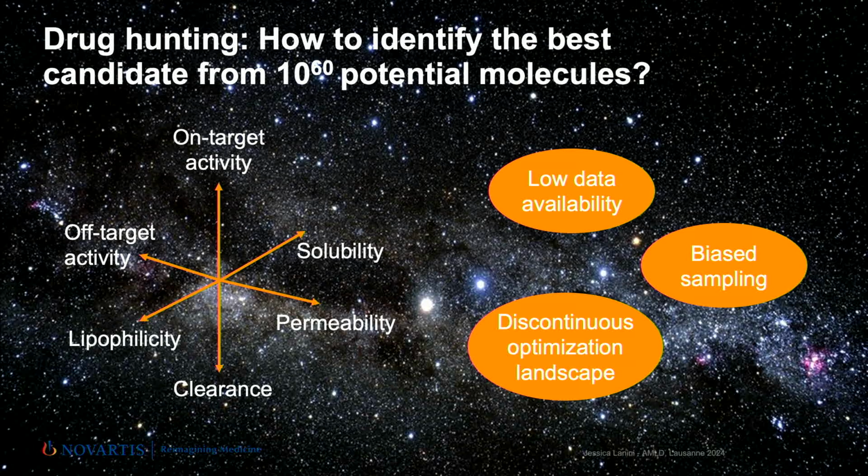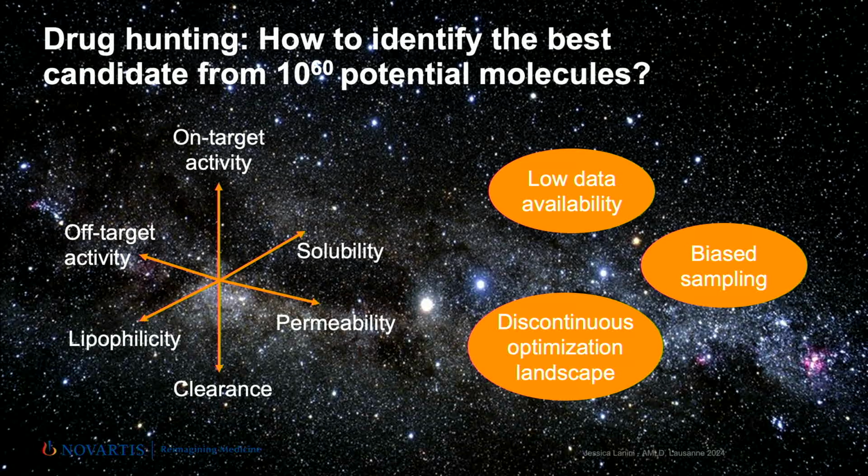But why is discovering a novel compound such a complex problem? At baseline, this is a searching problem, but the space we are searching in is really big. It has been estimated to be 10 to the power of 60.